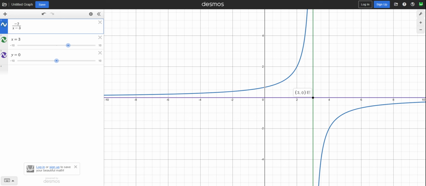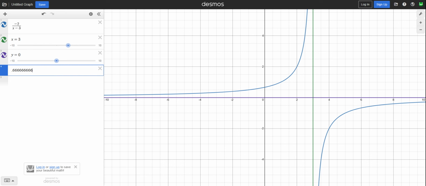Now, your x-intercept, it ain't crossing x, but it does cross at y. It crosses at 0.666666.